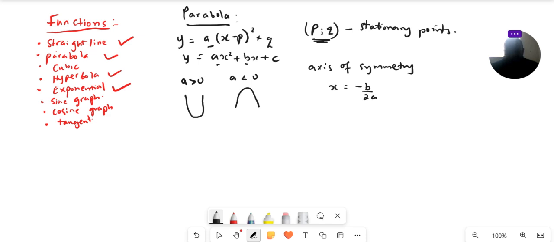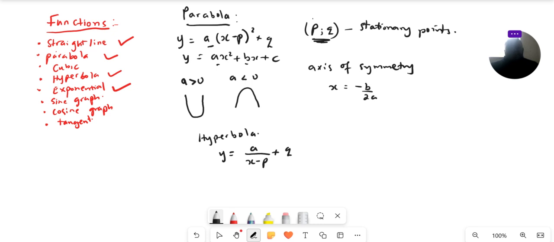Yes, we have another one, which is the hyperbola. This hyperbola, we can also first of all get to know the equation of the hyperbola. The equation of the hyperbola is y equals a over (x minus p), then plus q.